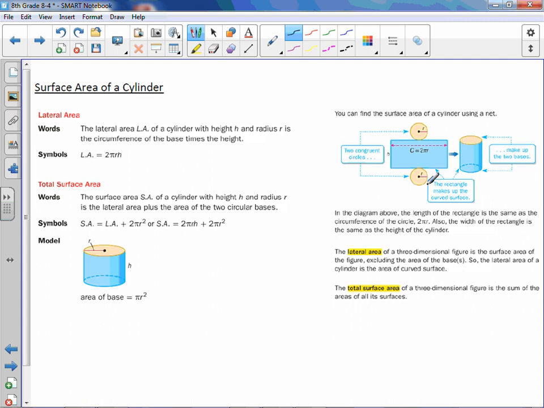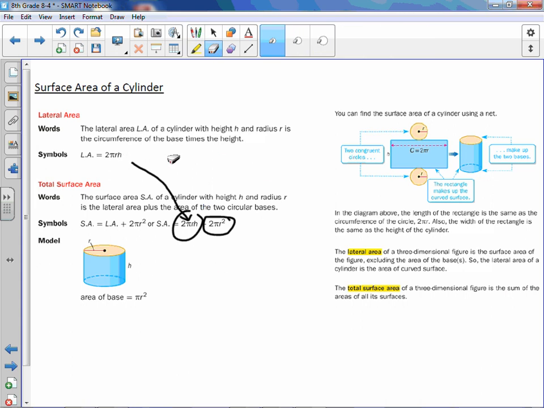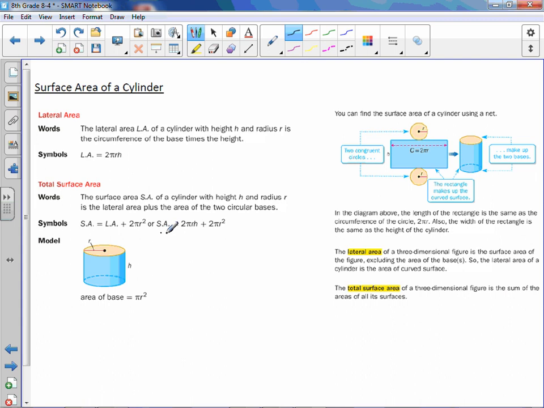The area of a circle is pi r squared, but there's two of them, so we are adding 2 pi r squared to our lateral area of 2 pi r h. So in all, our surface area of a cylinder is 2 pi r h plus 2 pi r squared.